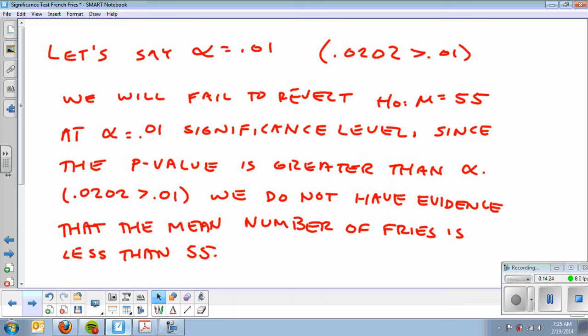So again, we're failing to reject that null hypothesis. We don't have evidence to believe that the number of fries is less than 55.